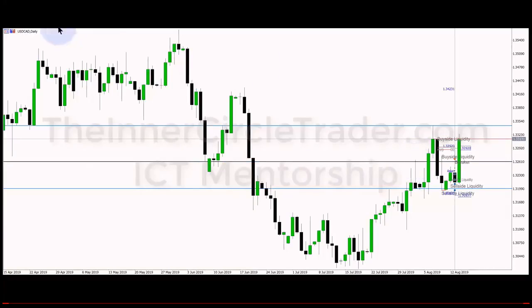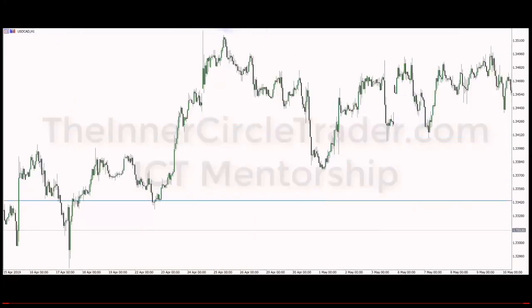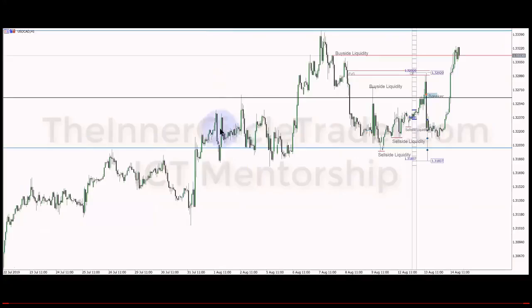If we drop down into an hourly chart and zoom out a little bit, here's your price run. It runs up and hits it the first time here on the 2nd of August. I said at the time it looks kind of heavy, and we'll see what happens.